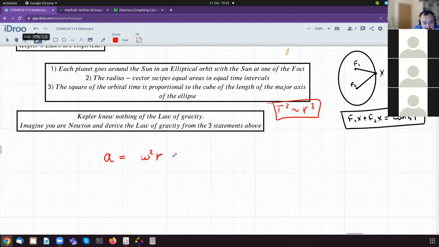And we know that omega is 2 pi divided by T. So it's 4 pi squared divided by T squared times r, where r is the radius of the circle. That's the centripetal acceleration. Now, r cubed divided by T squared is a constant. And we will call this constant K, Kepler's constant.